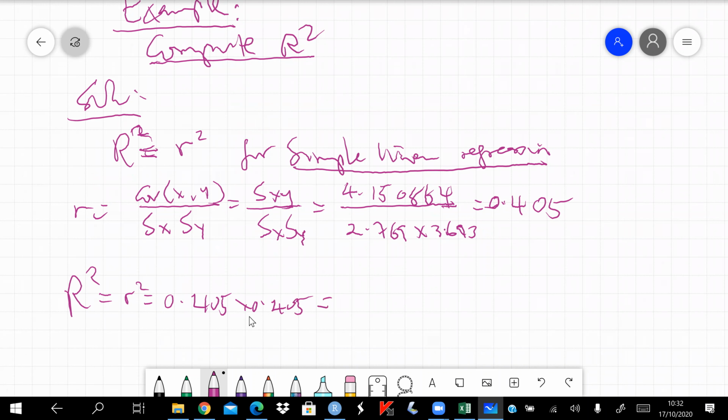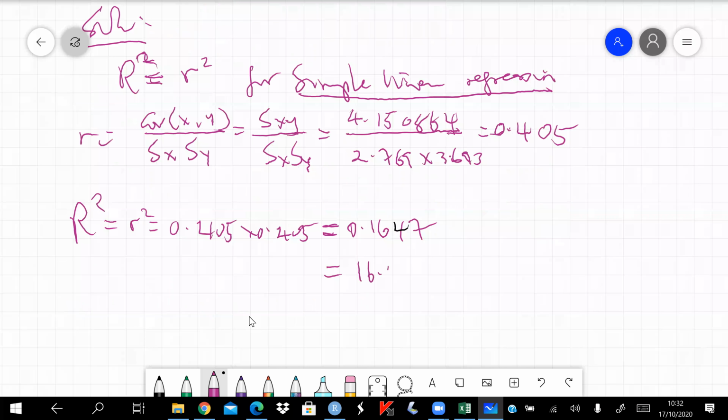So our coefficient of determination will be, if you square that value, 0.1647. So which usually we report as 16.47%. We prefer to report it in that format, percentage, because it is easier to explain a percentage than the decimals there.